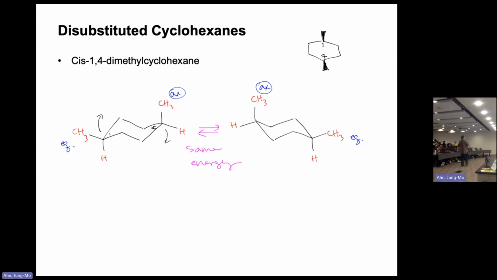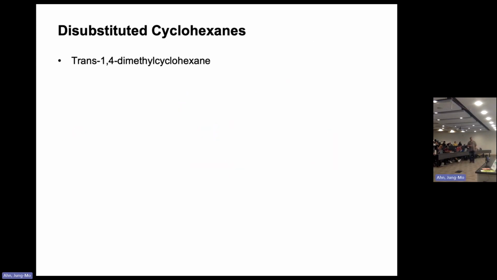But when I ask you to draw the most stable chair conformation of the trans 1,4 dimethyl cyclohexane, the two methyls should be opposite to each other, one up, one down, right? If you draw the chair conformation again, this is the upside compared to the other one. I'm talking about this one, taking the upper side compared to the hydrogen that's shown here. So this must be the methyl here.